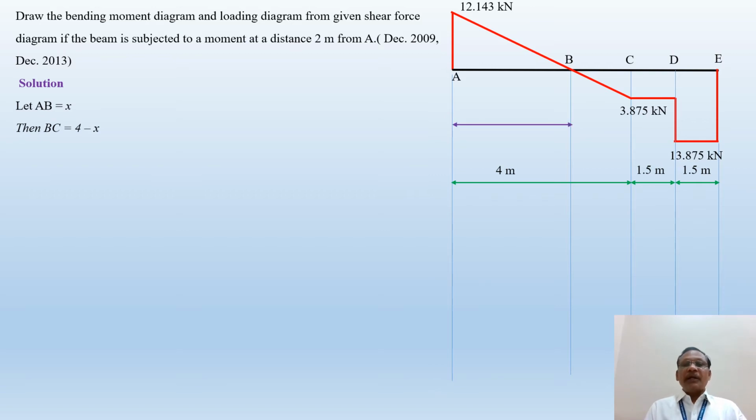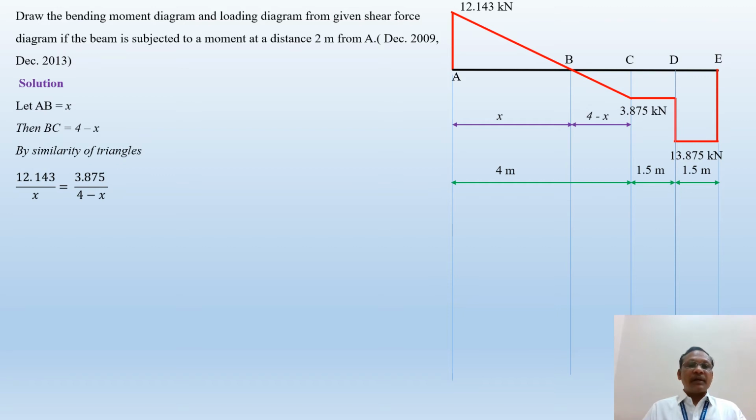Then using similar triangles, 12.143 divided by x is equal to 3.875 divided by 4 minus x. In this equation, I have used these two triangles having heights 12.143 and 3.875 and bases x and 4 minus x.